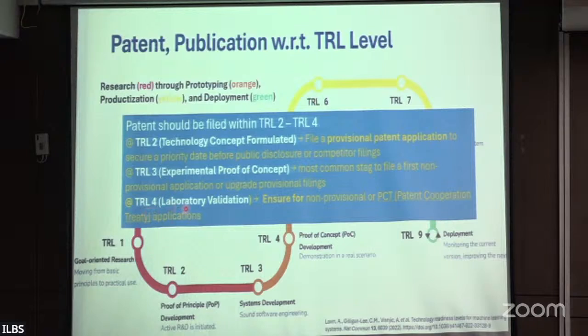And at TRL level 4, the laboratory validation, when our model has some amount of accuracy and a working model is ready, it should surely be filed for a patent, because beyond this it will be late.